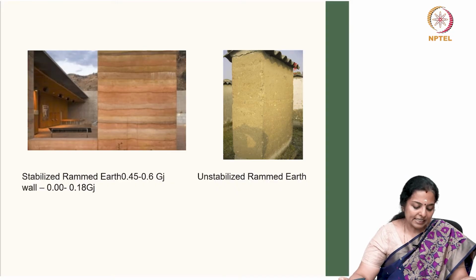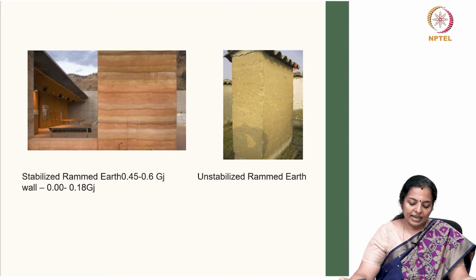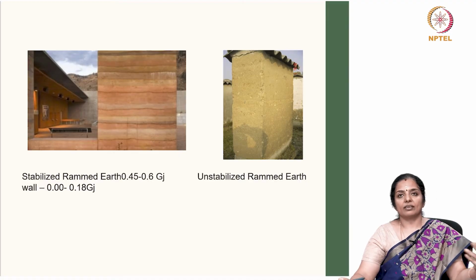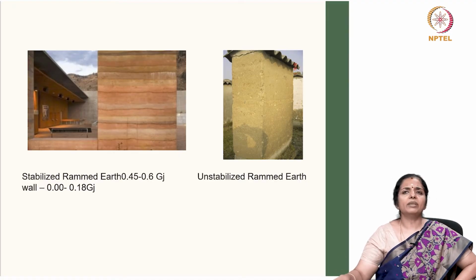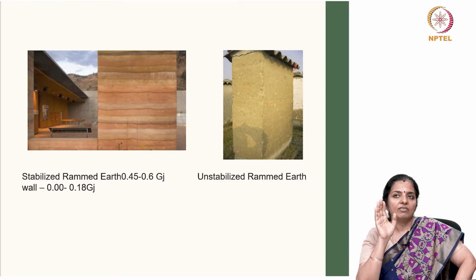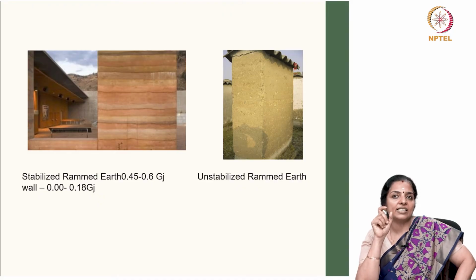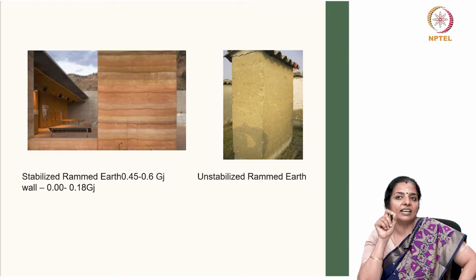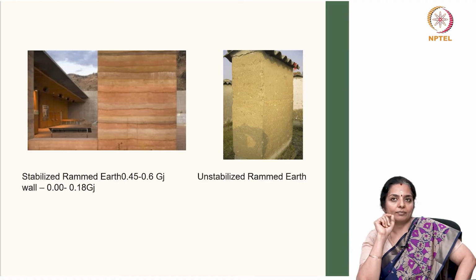Now we will look at stabilized rammed earth and unstabilized rammed earth. The term rammed earth refers both to a material which is a mixture of sand, gravel and clay, and to the construction procedure whereby walls are built using this material rammed in layers between formwork.